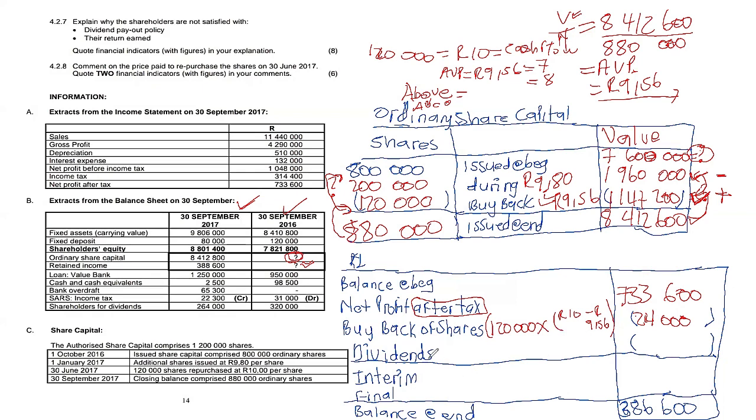Right. Therefore, for dividends, you have your interim dividend and also your final dividend. Remember, final dividend stands for shareholders for dividend issued at the end. So when you check under balance sheet, you have your two shareholders for dividends. There's 320,000, which is paid at the beginning, right?